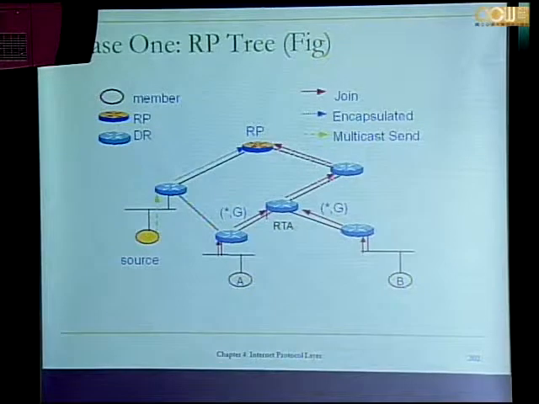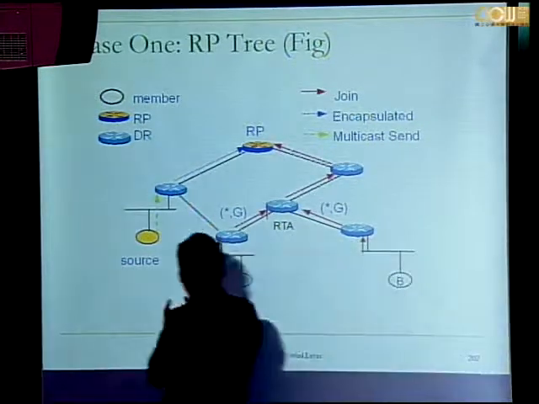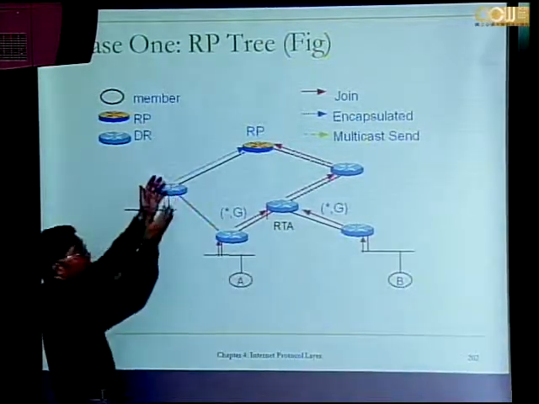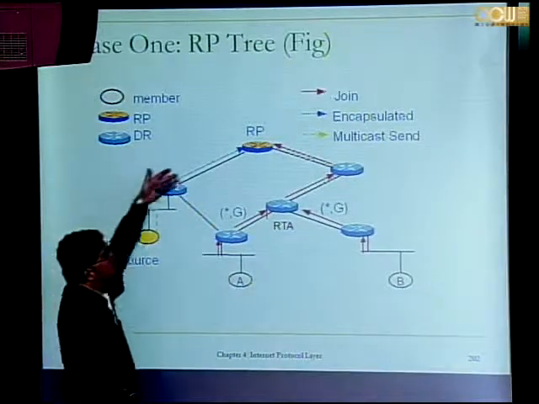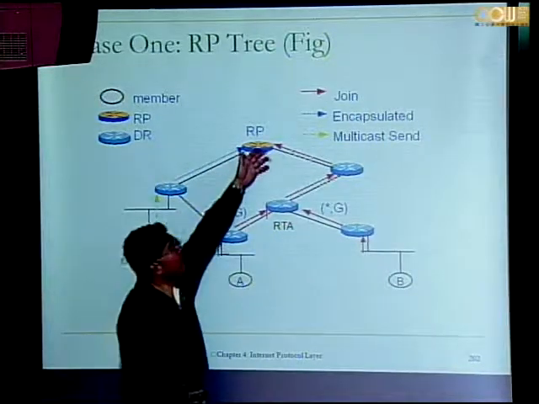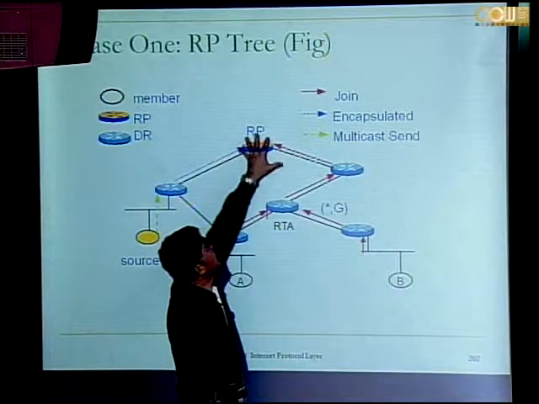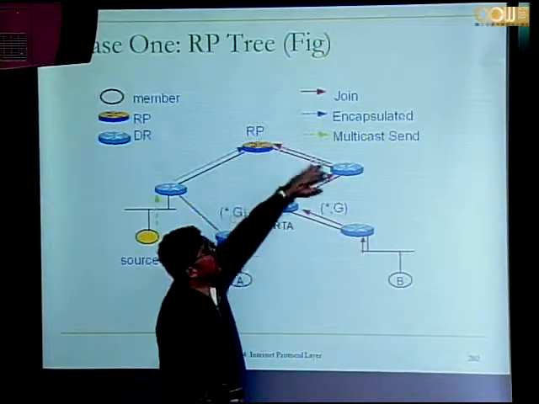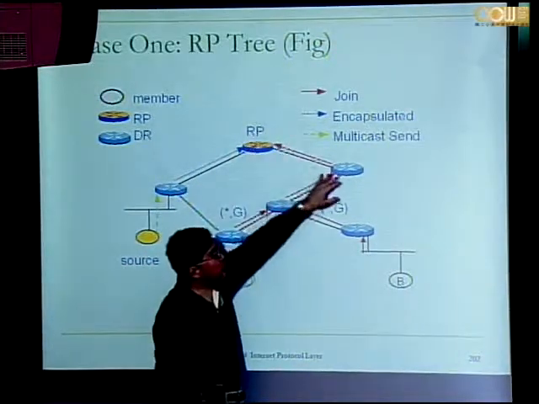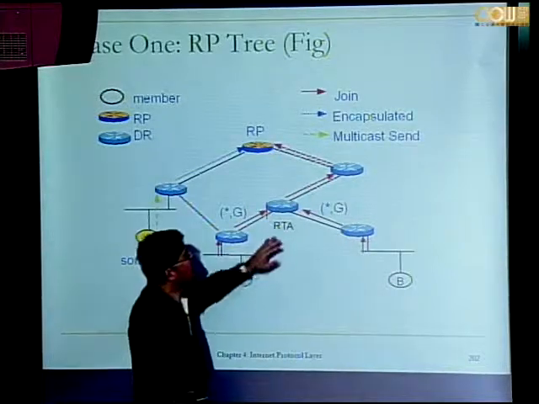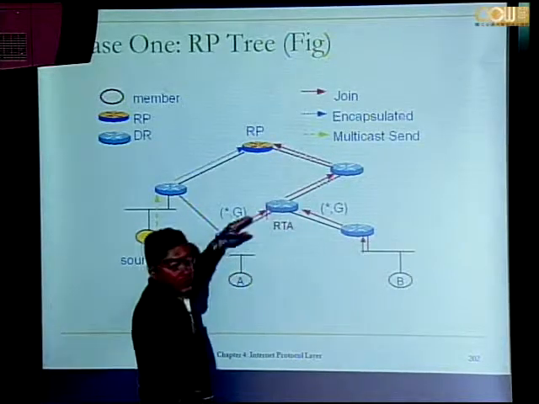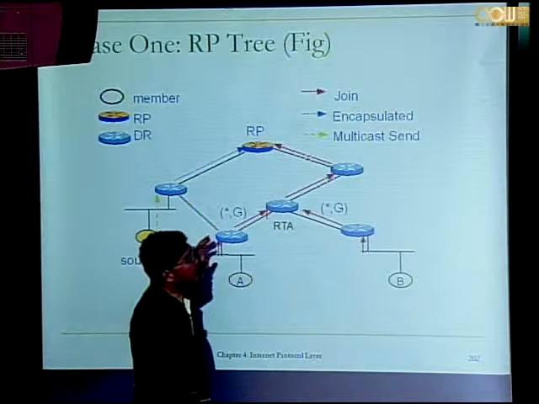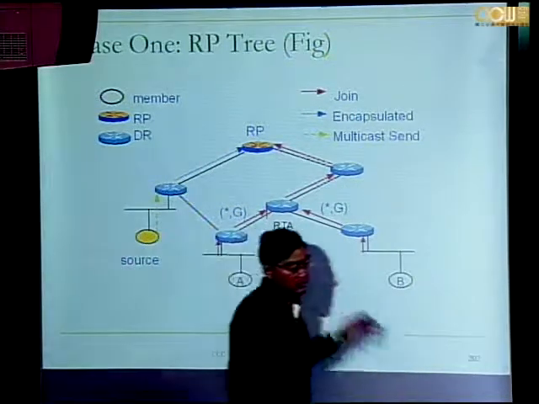So if this is a source, it would send to the edge router, and the edge router will tunnel the packet to the RP, and the RP will decapsulate and forward it downstream with the join state.